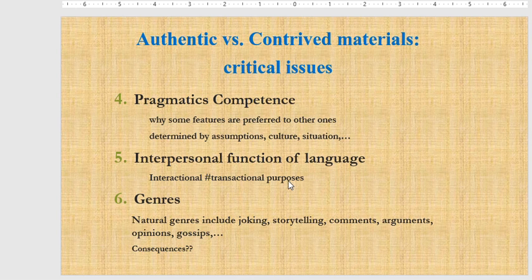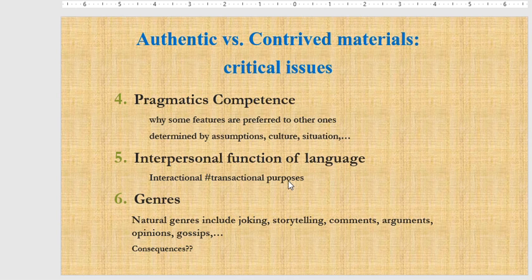Consider the textbook written for Iranian junior and senior high school students. What you can see is that all the sentences are there to convey factual pieces of information. They are not there for interactional or interpersonal communication. So the contrived material is not natural.